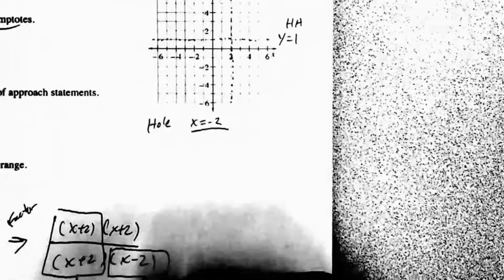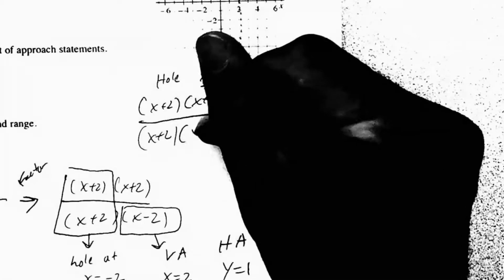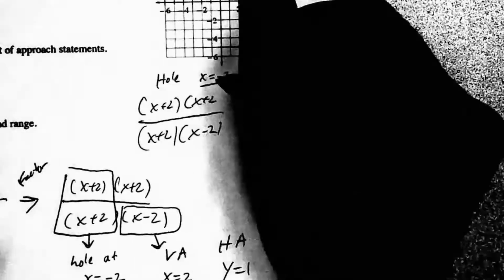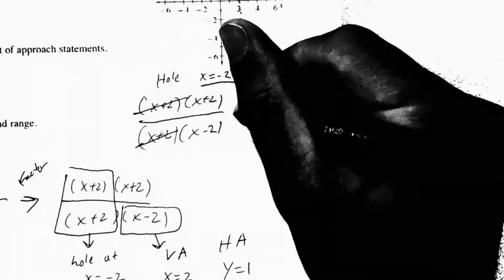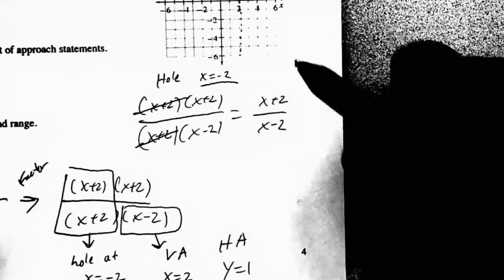To find the y value of the hole, you're going to take this and plug it back into this equation, but you're going to leave out the hole that we have. So I'm going to rewrite this and explain that. In factored form, we would have x plus 2 over x plus 2, x minus 2. If I simplify this, I would cancel out the x plus 2, and I'd only have 1 over x minus 2... actually x plus 2 over x minus 2 as written.